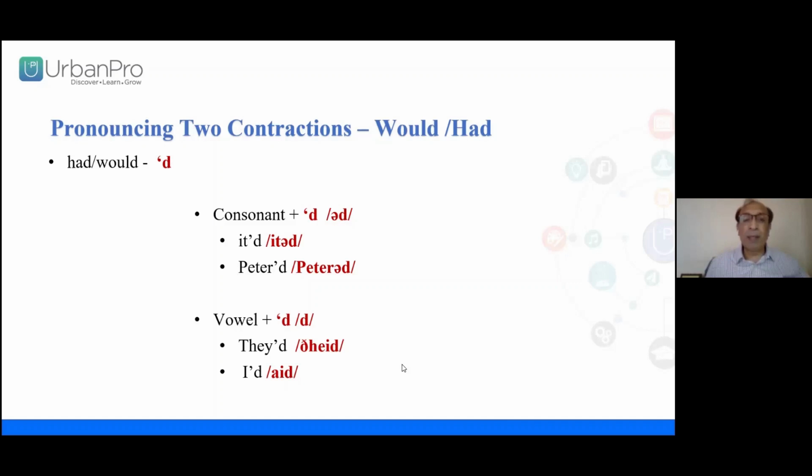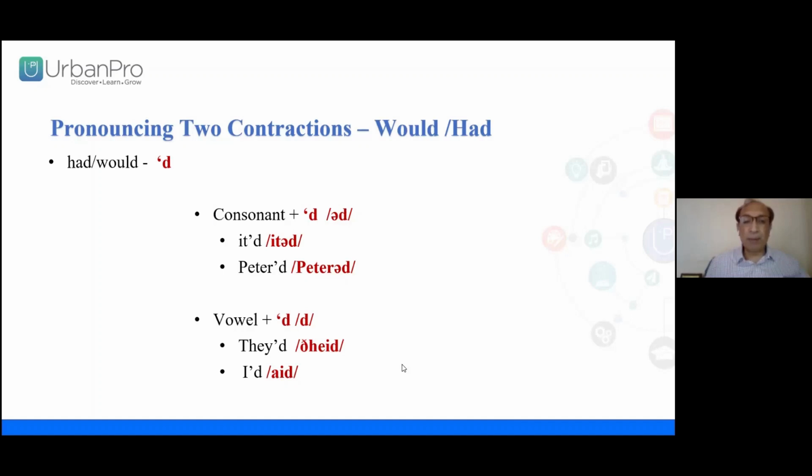This is how the pronunciation of "had" or "would" is done if it is preceded by a consonant sound. In the examples we saw, "it" ends in a consonant sound, and so does "Peter". So this rule will dictate the pronunciation of contractions with "had" and "would". Now let's look at the scenario where "had" and "would" are preceded by a vowel sound, right?